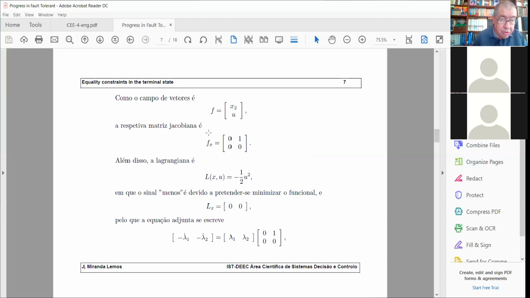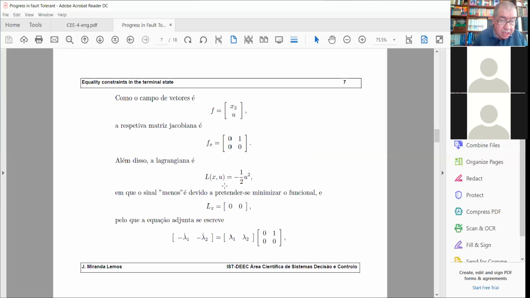And if you compute the Jacobian matrix, you get this. So this is the partial of f1 with respect to x1. f1 is x2, so this is 0. This is the partial of f1 with respect to x2. So x2 differentiated with respect to x2 is 1, and so on. These two other terms are the partial of f2 with respect to x1 and x2. The f2 does not depend on any of the x's, so it's 0.